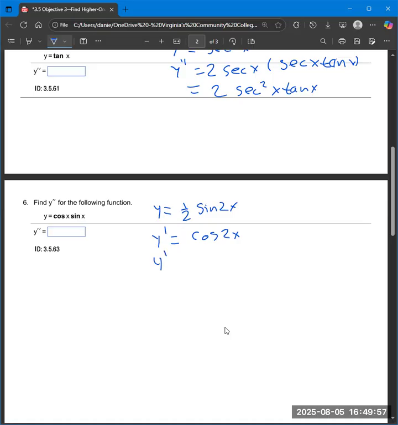And then the second derivative is going to be negative 2 sine of 2x. If you want to change that into sines and cosines again, that's going to be negative 4 sine of x cosine of x.